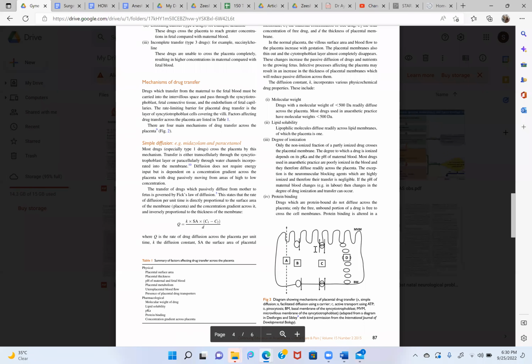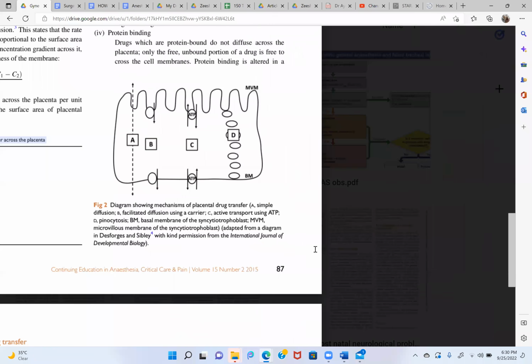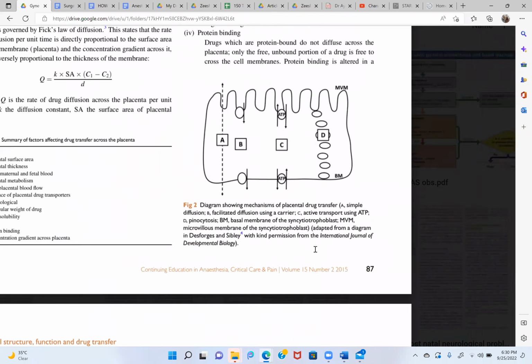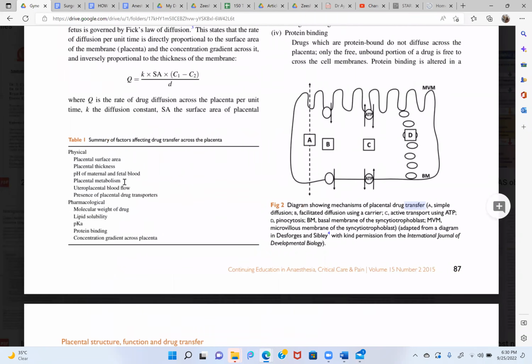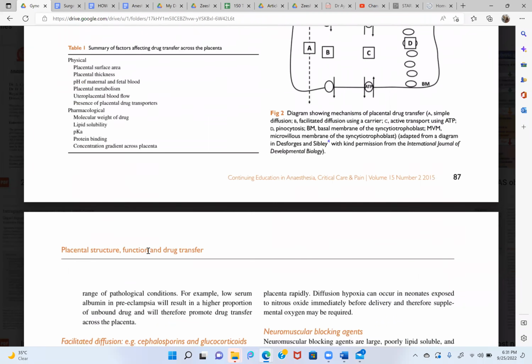Anyways, these are the factors: placental surface area, placental thickness, pH of maternal and fetal blood, placental metabolism, uteroplacental blood flow, presence of placental drug transporters, and molecular weight of the drug, lipid solubility, pKa, protein binding, concentration gradient across the placenta. That's what I was telling you.